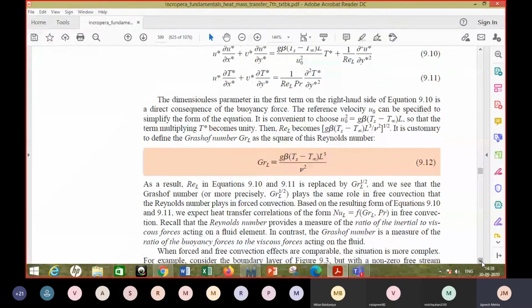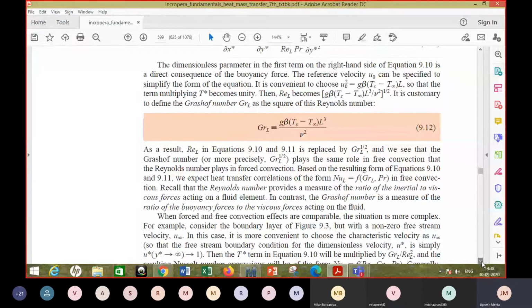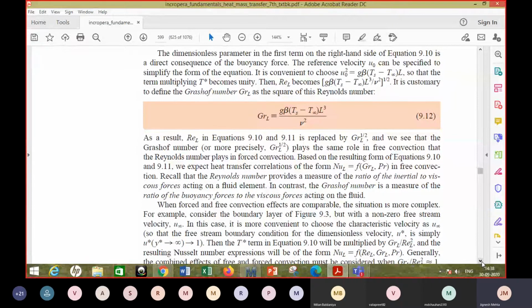So the Grashof number is g beta (Ts minus T infinity) L cubed upon nu squared, or the Reynolds number would be the Grashof number raised to 1/2, as in the case of natural convection.